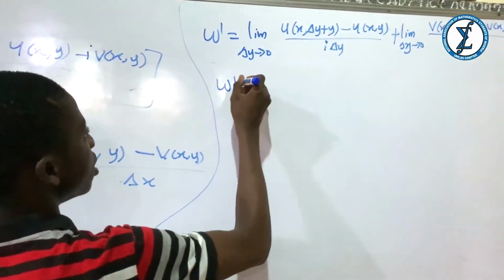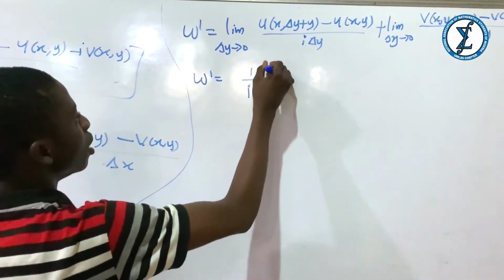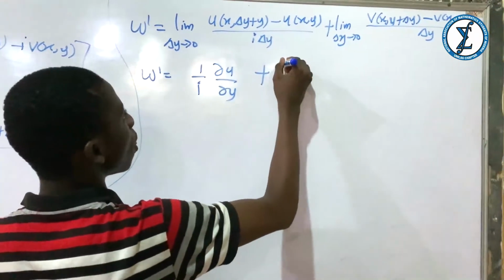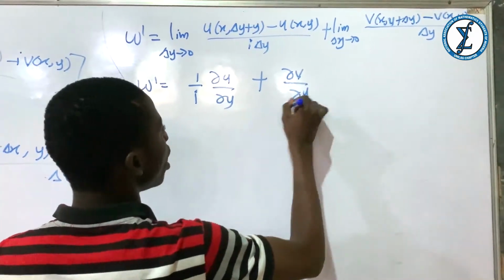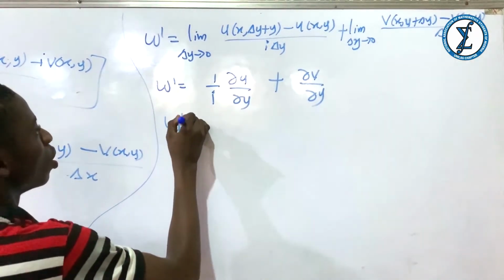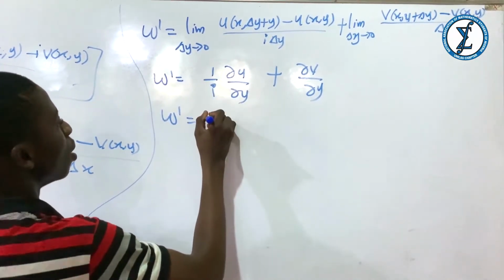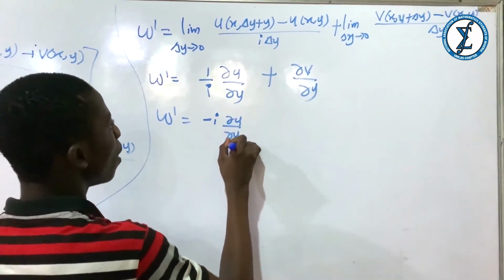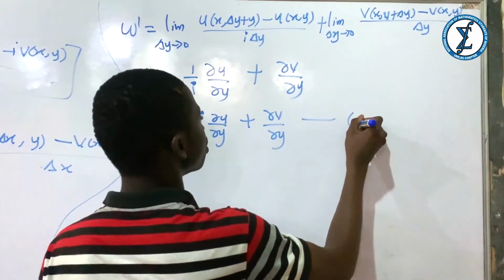Then I know that this clearly is just 1 over i, du dy, plus dv dy. Then obviously if I rationalize this, I'll have minus i du dy plus dv dy. Name this equation 2.